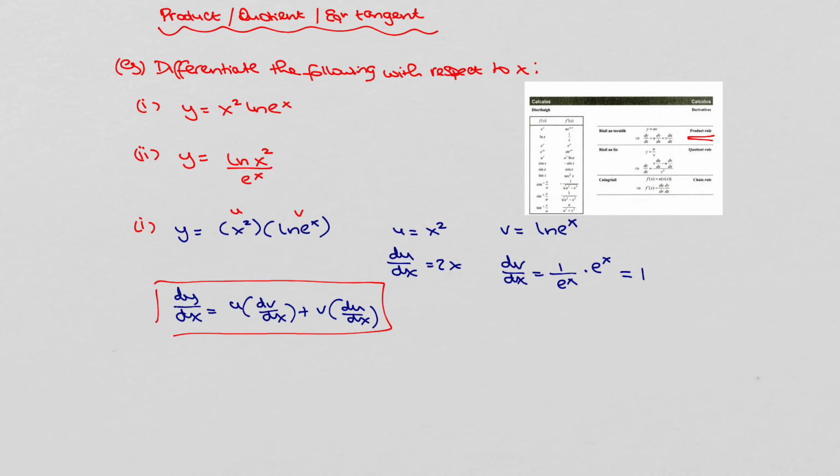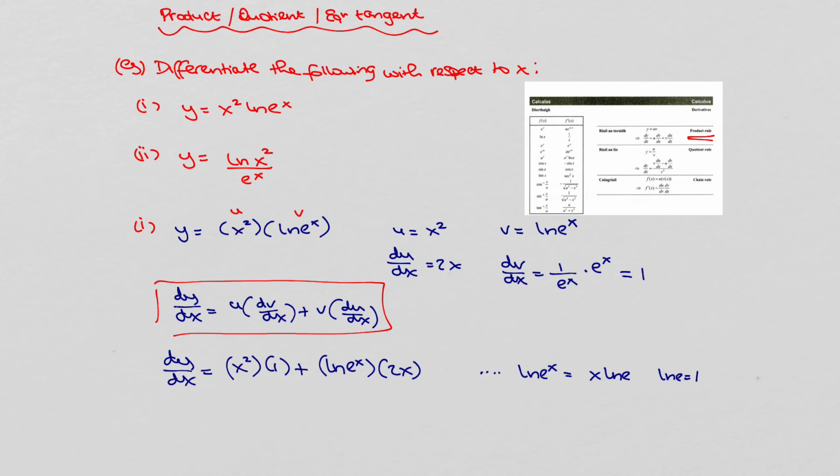So if I sub in, I have dy dx is equal to u times dv dx, which is just 1, plus v, natural log of e to the x, times du dx, which is 2x. But of course, natural log of e to the x can be written as x ln e, and ln e is equal to 1.